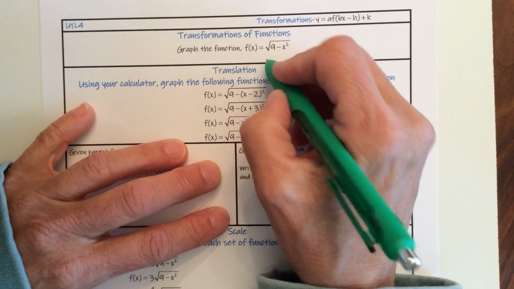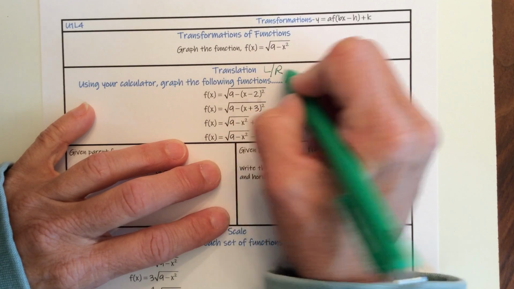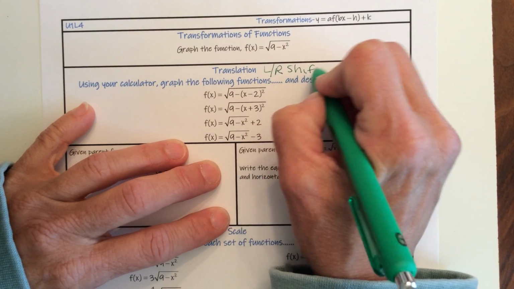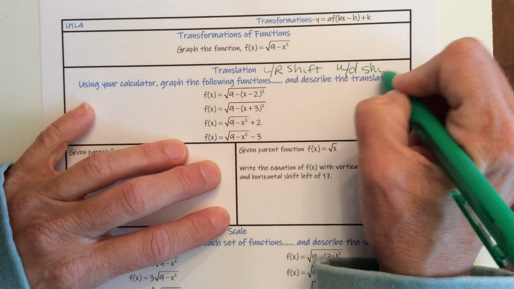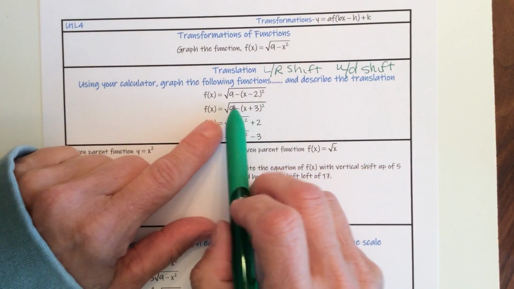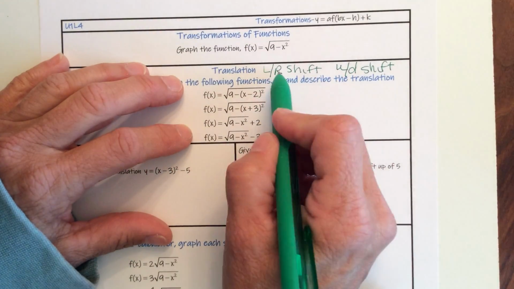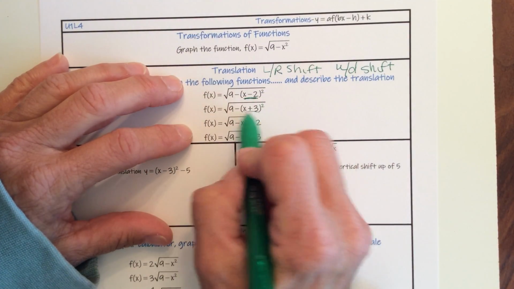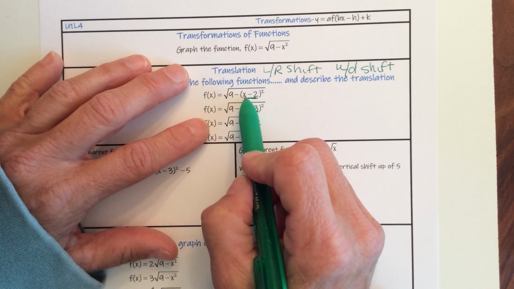A translation is a left-right shift and an up-down shift. And what you have to remember about a left-right shift is that it is always going to come from whatever's being done to x.